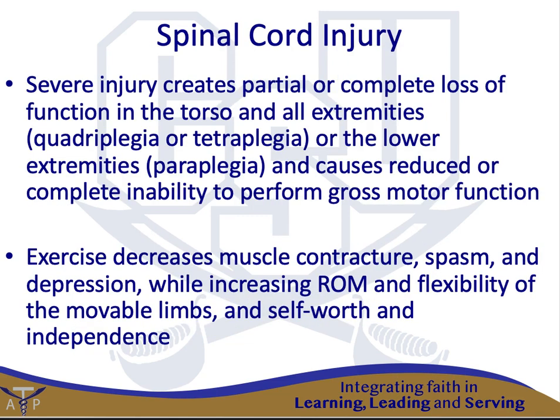Our third and final neurological condition is spinal cord injury. Severe injury creates partial or complete loss of function in the torso and all extremities. The injury could cause an athlete to become quadriplegic or tetraplegic, or to have impairment of the lower extremity, which is paraplegia, and causes reduced or complete inability to perform gross motor function.